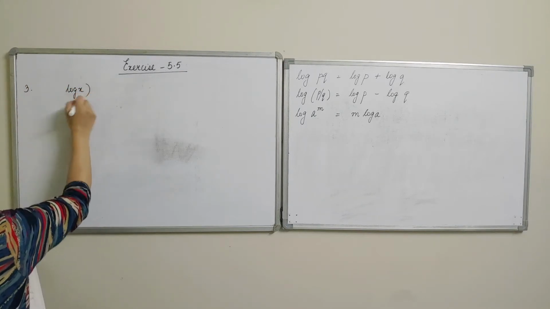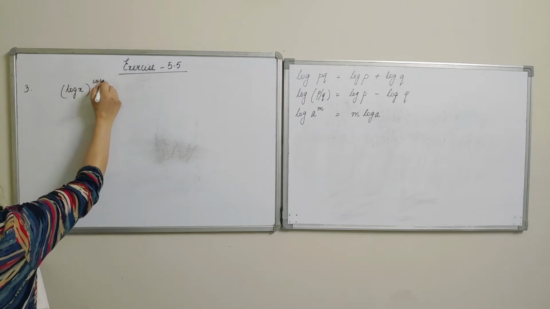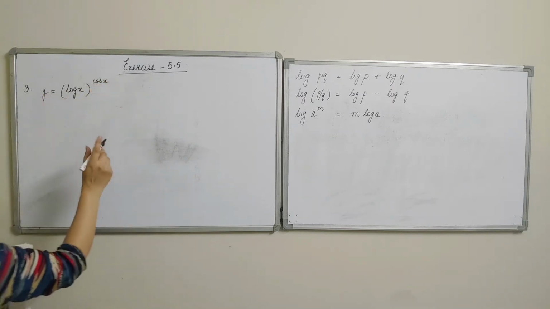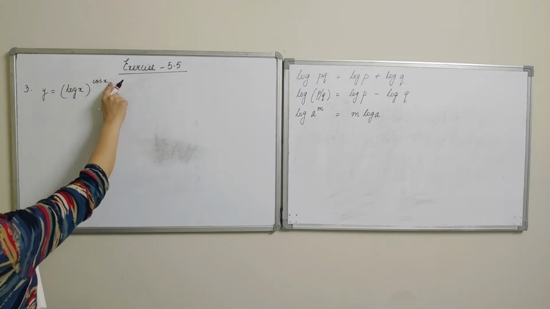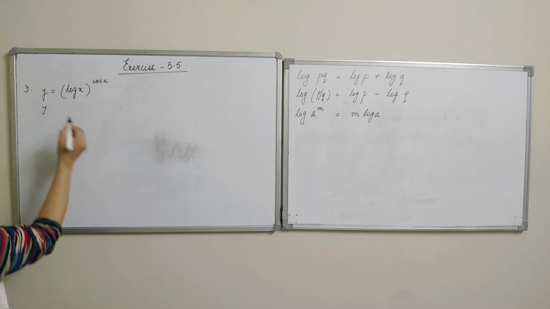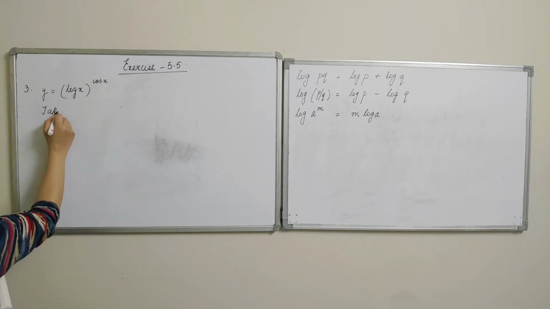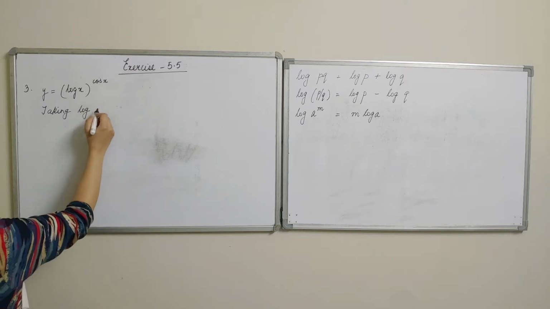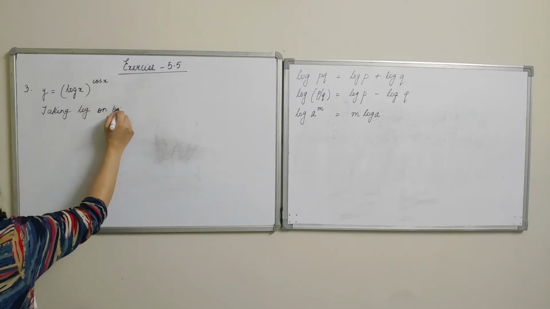It is (log x) to the power cos x. Let's call this function y. So first we identify it is (log x) to the power cos x. So logarithmic differentiation is possible, and let us take log on both sides.